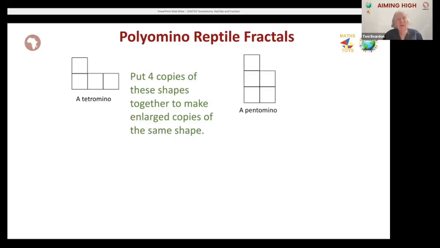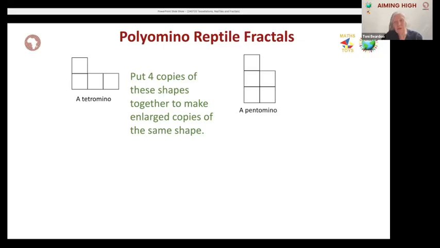Now you can do that on squared paper by outlining the L shapes, or you can do it by coloring them in, or you can do it by cutting out an L shape and then drawing round it to make the 4 copies of the single one that make the enlarged copy of the same shape.